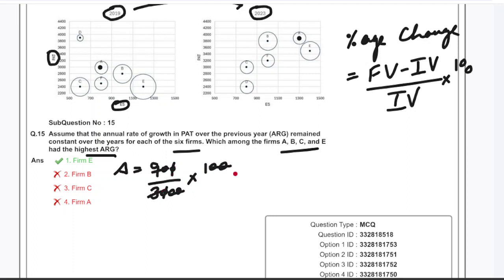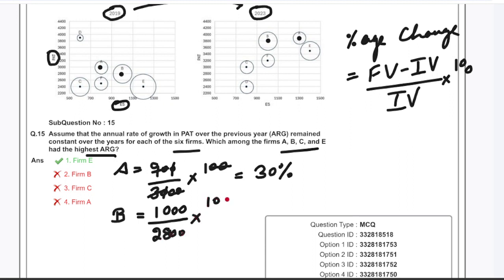So for A, the percentage increase was 30%. Let's check for B. For B, here it is 2800, here it is 3800. The difference is 1000, divided by 2800 into 100. So that is somewhere less than 40%, I can say.